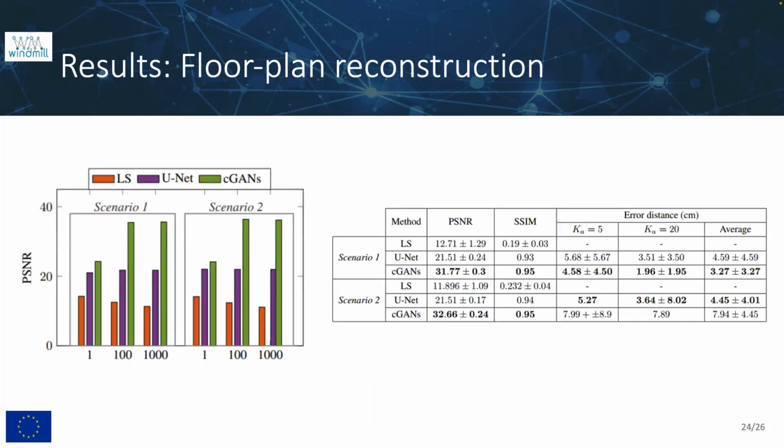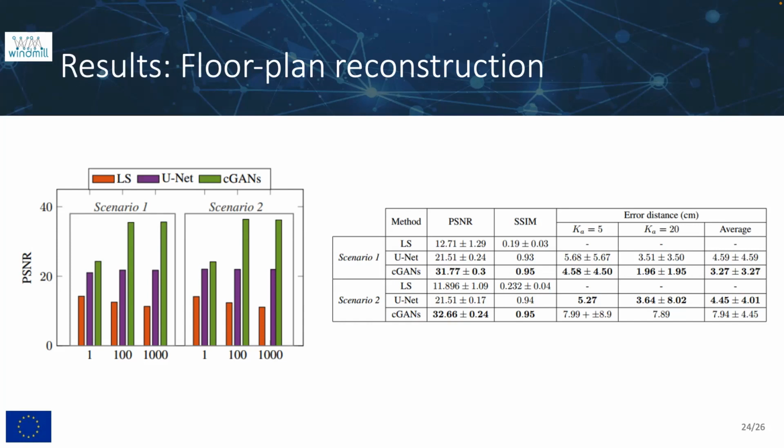Here we have quantified these results. The first part is the evaluation using more or fewer samples with the averaging that we always mention. We can see that the conditional GAN outperforms all the rest.